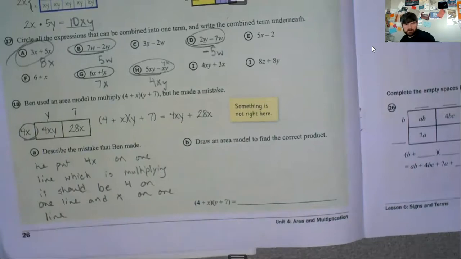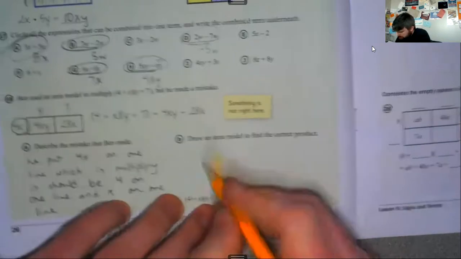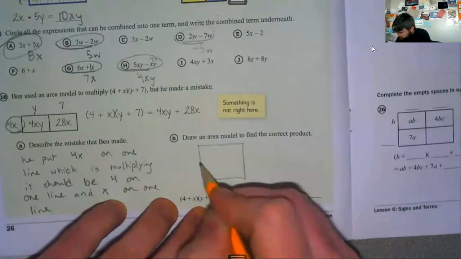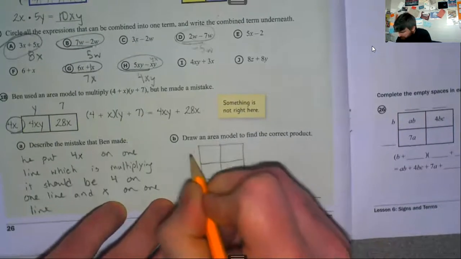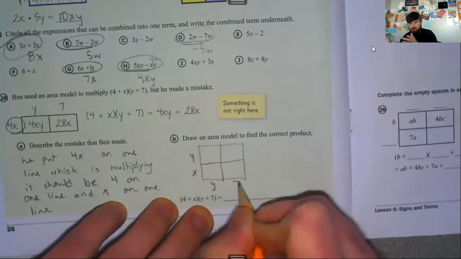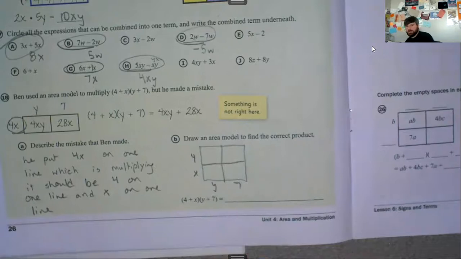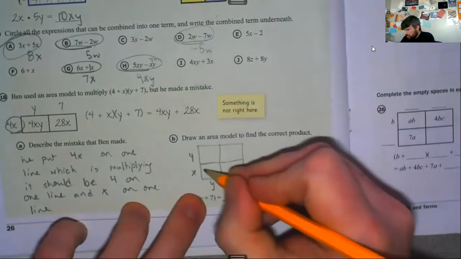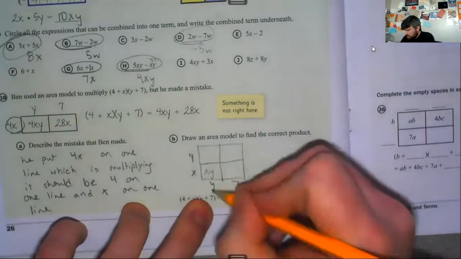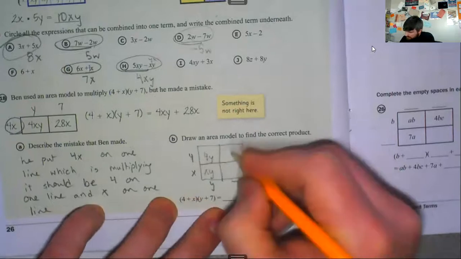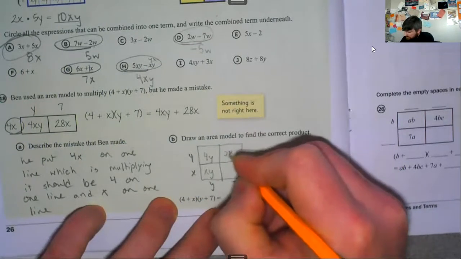Draw an area model to find the correct product. Okay, so we've got 4 and x, and y and 7. I kind of drew mine upside down here, and that's okay. It's the exact same thing. So we've got x times y is xy. 4 times y is 4y. 4 times 7 is 28.